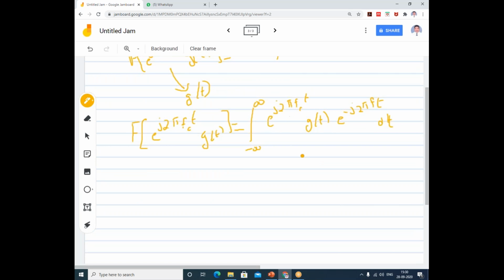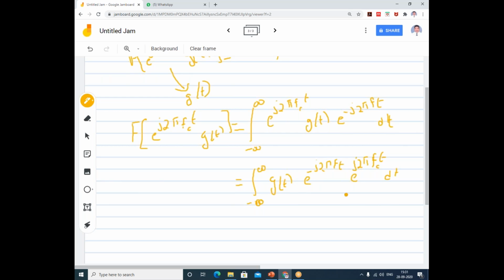Now, since I have two exponential terms, I can add or subtract those two exponentials. So I can write this integral from minus infinity to plus infinity, taking g of t first and the exponentials to the other side: e power minus j2 pi ft into e power j2 pi fct dt.